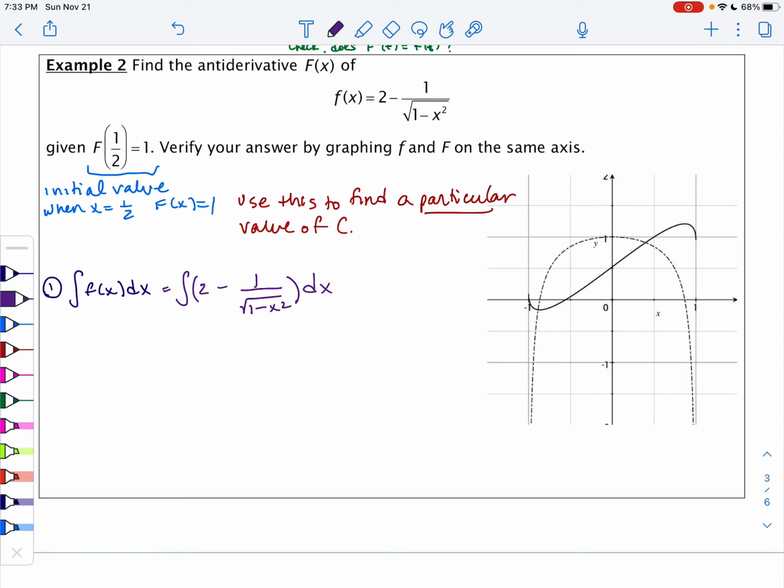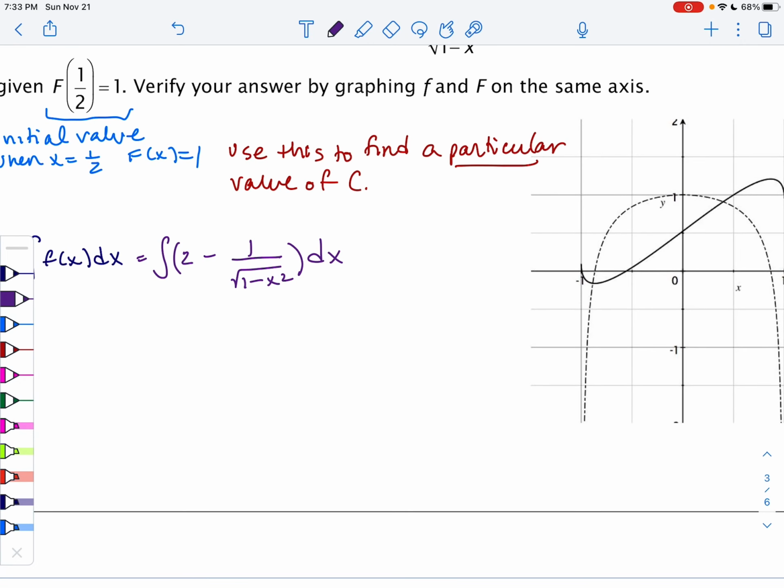And we know from the previous section, just like the derivative of a sum or difference is the sum or difference of the derivatives, same is true for antiderivatives. So we can say that this is equal to 2 times dx minus the integral of 1 over the square root of 1 minus x squared dx.